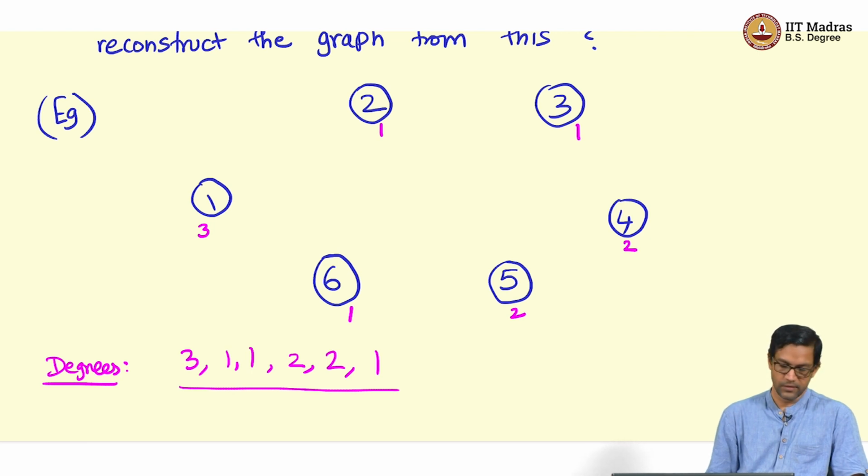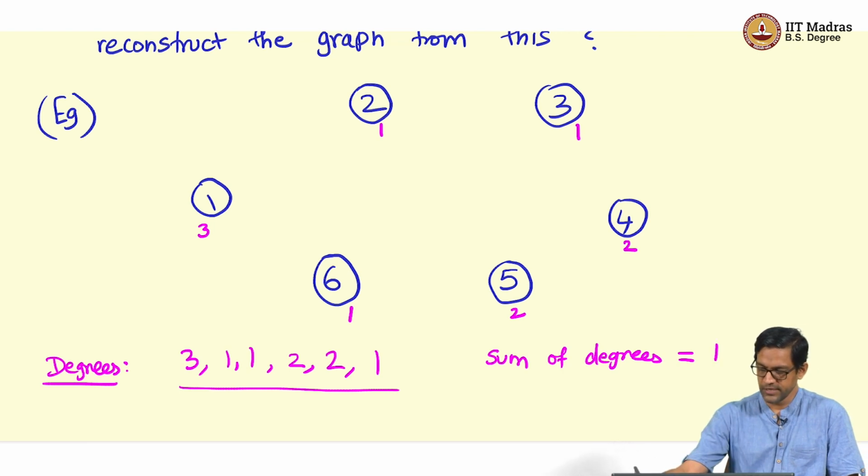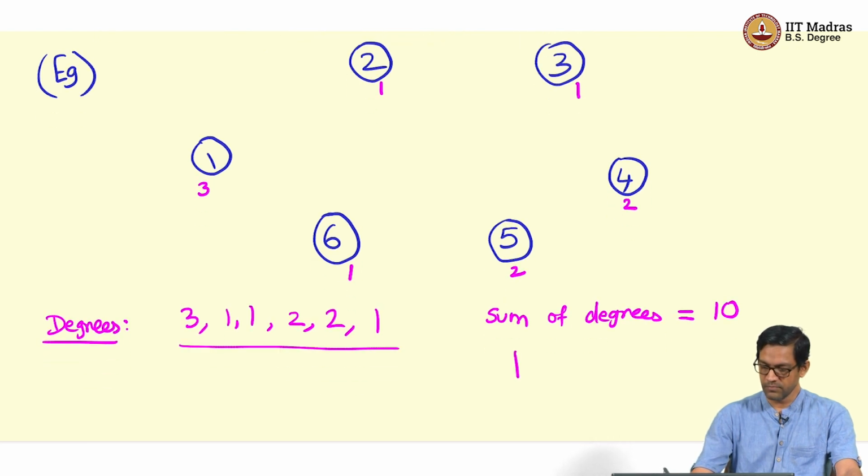Okay, so let us see what can we find using what is given. So the first observation is that the sum of the degrees, at least that is something we can calculate, and in this case 3 plus 2, 5, 7, 9, 10, the sum of the degrees is 10. So what we know for sure is that this graph must have 10 edges, right.